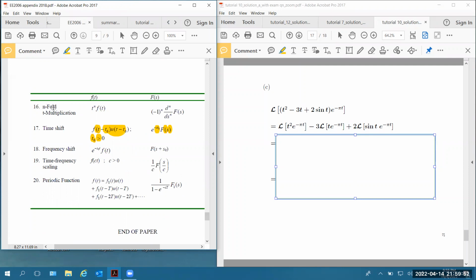Yeah, it's a frequency shift, because you can see that the function is of this form. You want to do Laplace transform, then you have f(t) and you have e to the power of something t. And each of these terms is like that with a different small f.